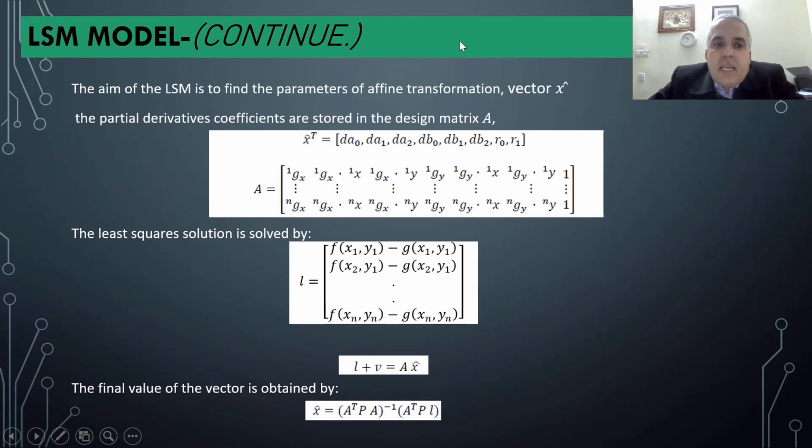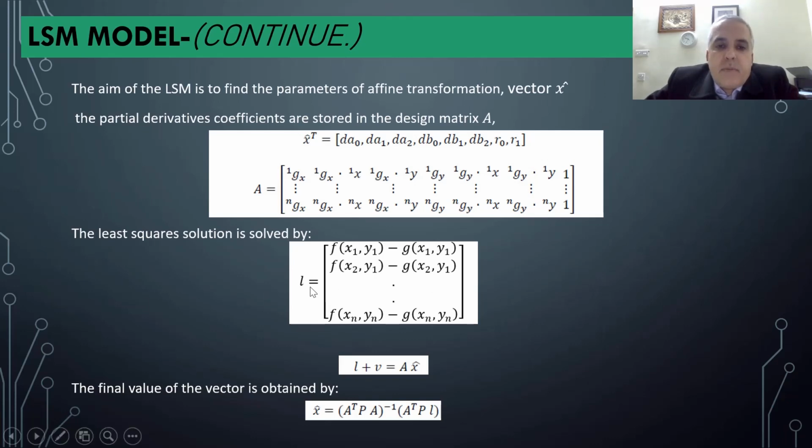Actually, the least square method, as you can see here, will be represented as a vector. This is the x prime, and this is the value of affine, and this is the radiometric intensity or contrast values. And this is the A matrix, representing the values of the derivative in the x and y direction.